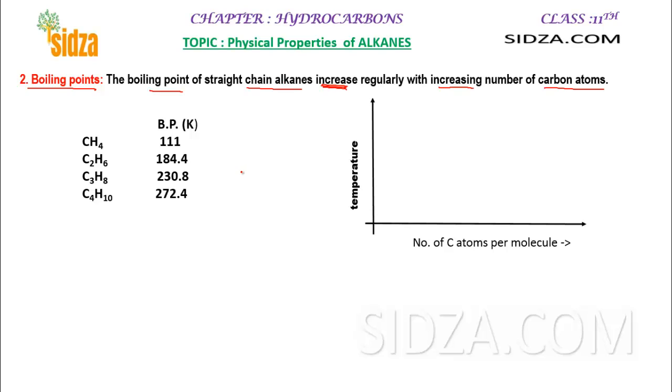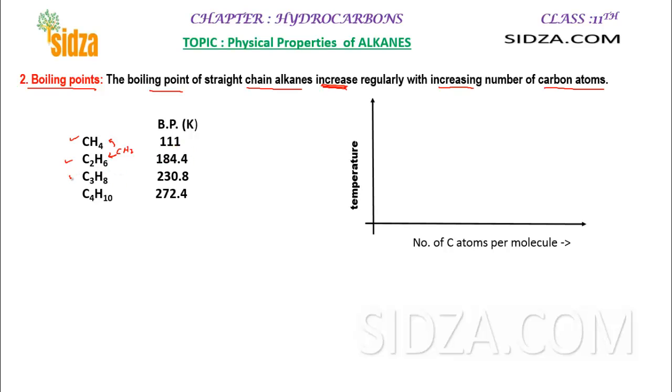And here's an example. For example, methane, its boiling point is 111 K. Ethane, just one carbon atom more, so the difference here is a CH2 unit, and you can see that the boiling point increases from 111 to 184.